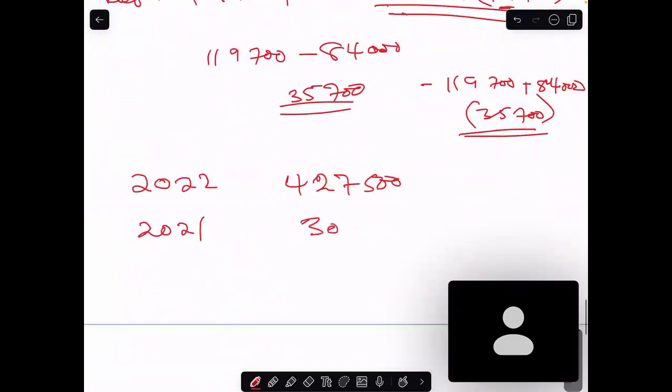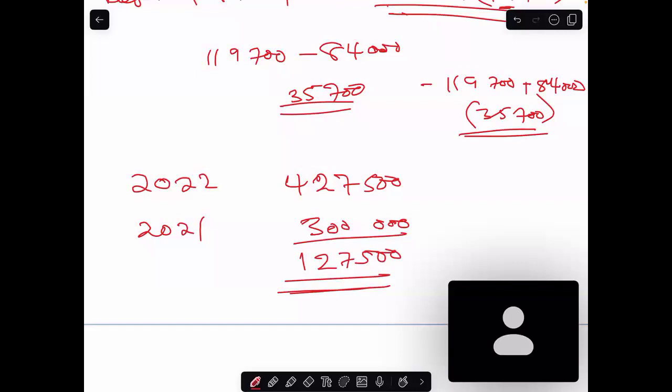Note that these are taxable temporal differences. So 427,500 minus 300,000 gives us 127,500. So our movement in temporal difference is 127,500.